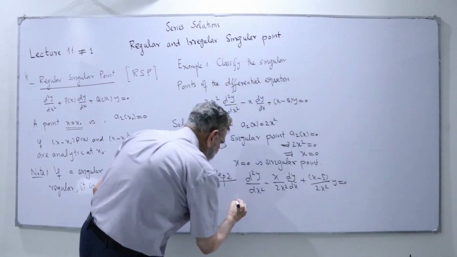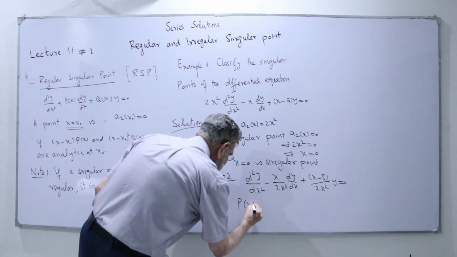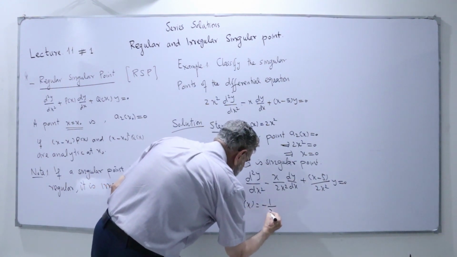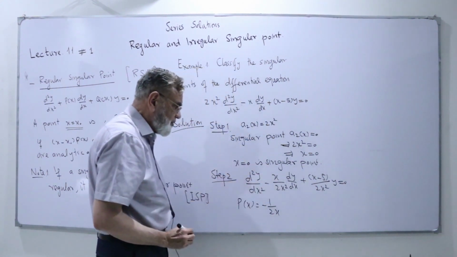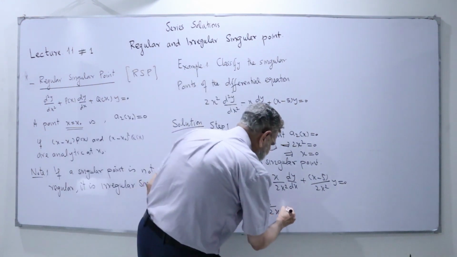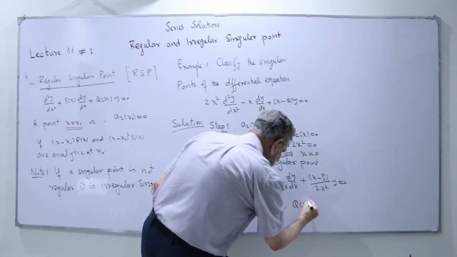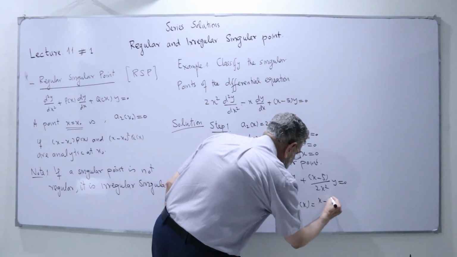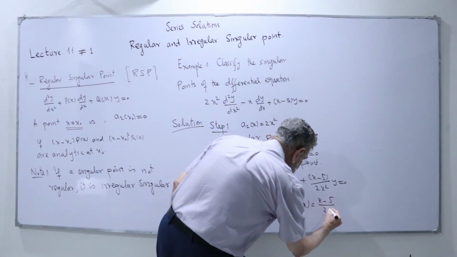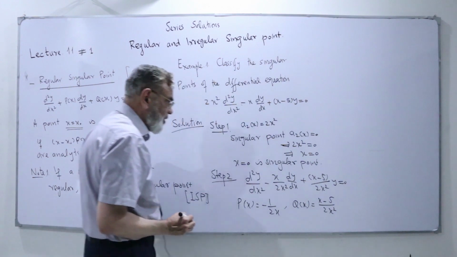I can identify my p of x. My p of x is equal to minus 1 over 2x. Here x is cancelled with x and we get 1 over 2x. And my q of x is equal to x minus 5 over 2x squared. So this is my q of x.